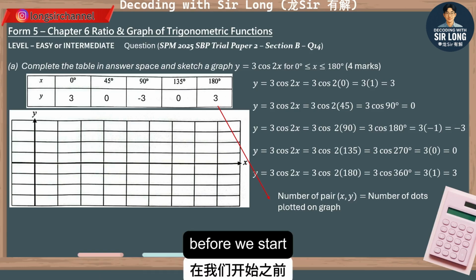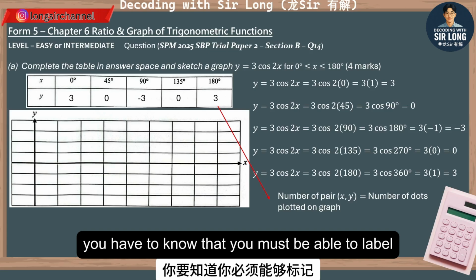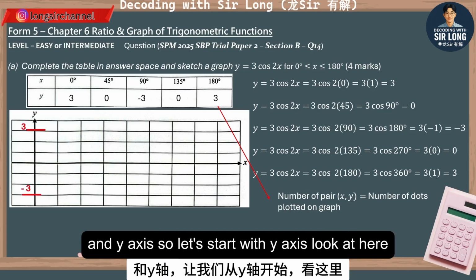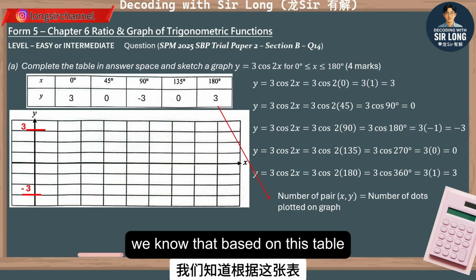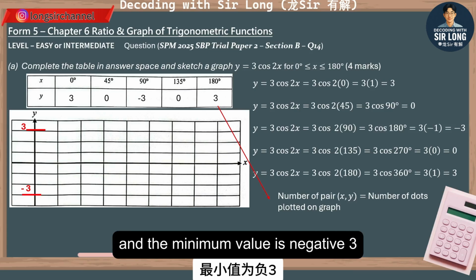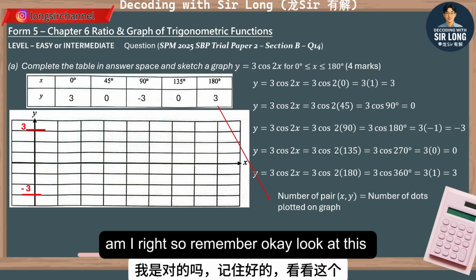Before we start, you must be able to label the correct values on the x-axis and y-axis. Let's start with the y-axis. Based on this table, the maximum value is 3 and the minimum value is -3.